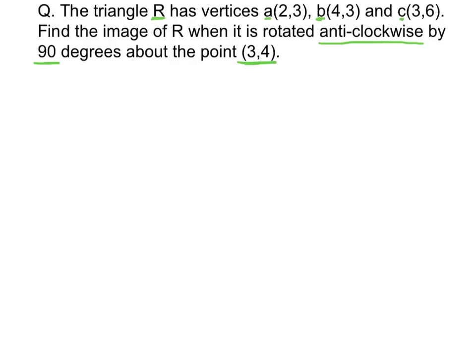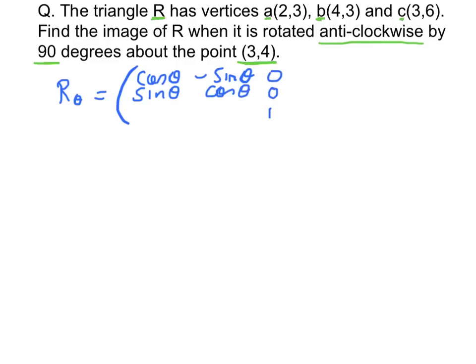In the last video, I introduced to you a transformation matrix that does rotations. And it looks like this. R theta is equal to cosine of theta, minus the sine of theta, 0; sine theta, cosine theta, 0; and then 0, 0, 1.